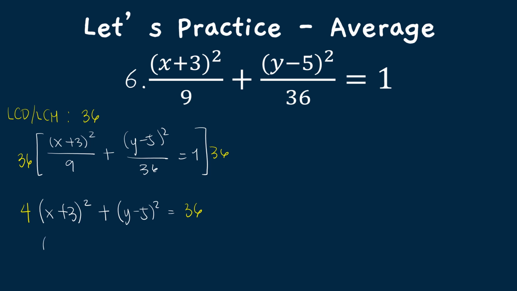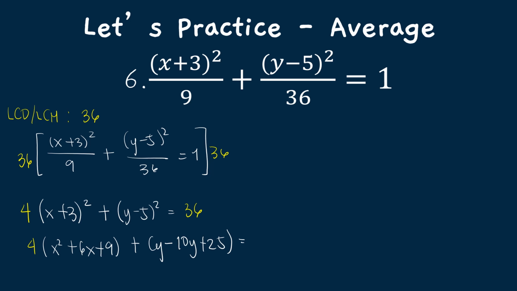So the expanded format would be x squared plus 6x plus 9 plus y squared minus 10y plus 25. And then don't forget 4 and is equal to 36. Okay?